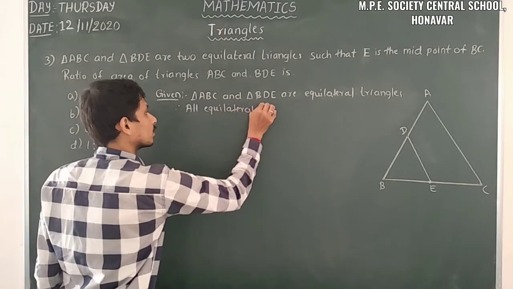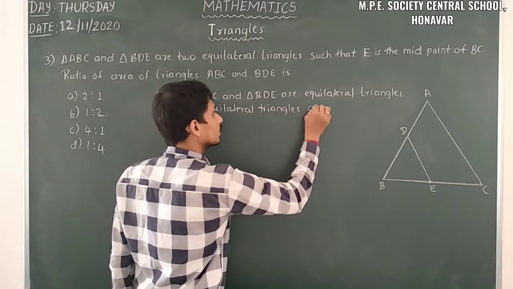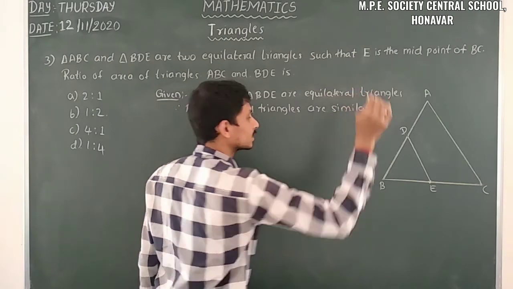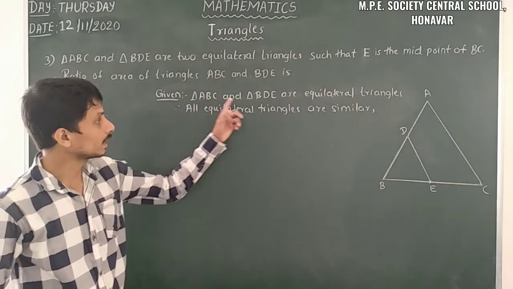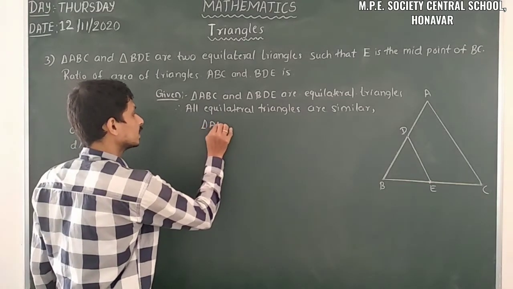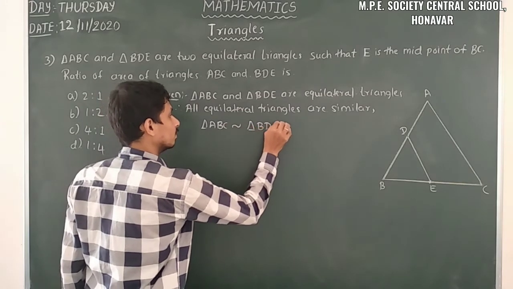All equilateral triangles are similar. That's why triangle ABC and triangle BDE are similar. Triangle ABC is similar to triangle BDE.